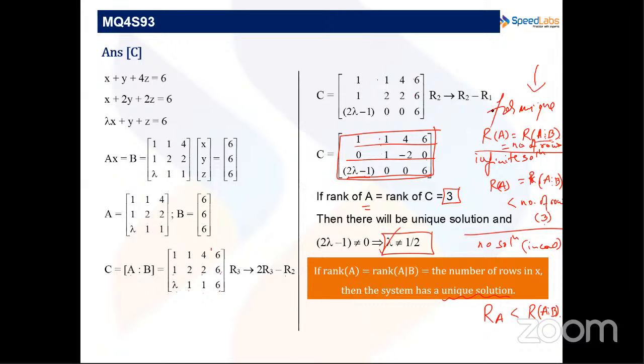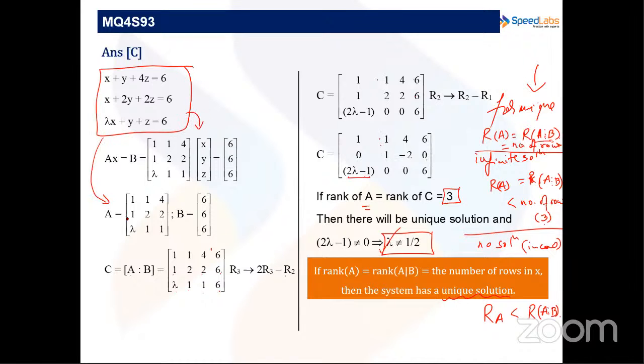So what we did here is, we were having the system of equations, we wrote it in the form of matrix. So we are having matrix A and matrix B. Now we have defined a new matrix C, this column is just for the representation purpose, that we are having A and B written together. Now for this matrix C, we will try to find the rank.